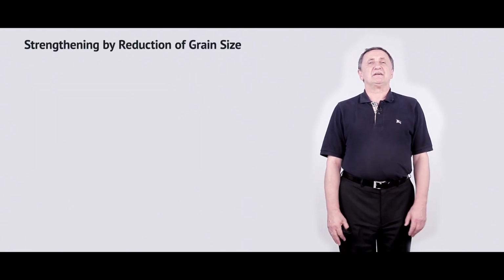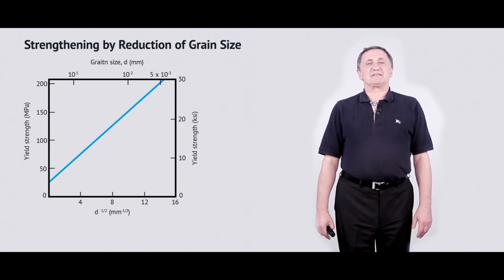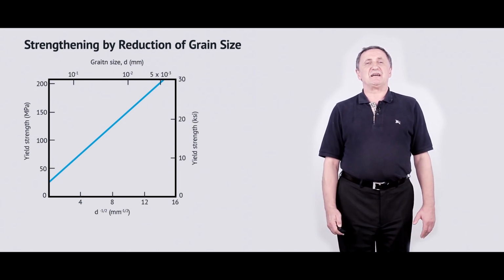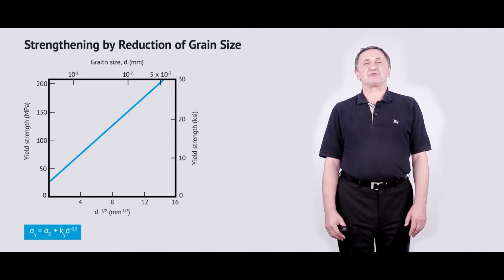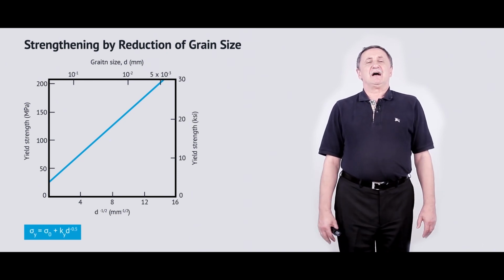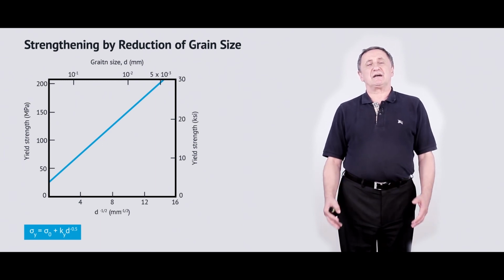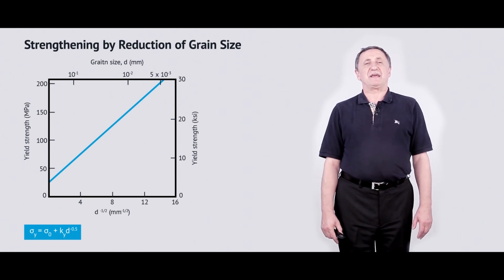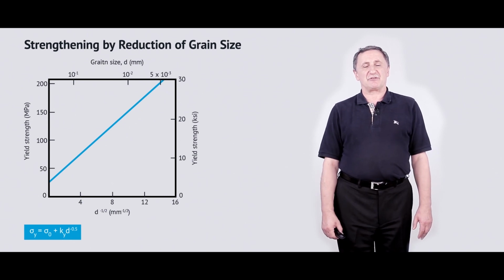Again, coming back to the strengthening by reduction of grain size. So controlling the size, we're controlling sigma yield and sigma tensile strength, and now you have a general idea how such an important microstructure parameter as the grain size can be controlled, and how it influences such important material mechanical properties as sigma yield and sigma tensile strength.